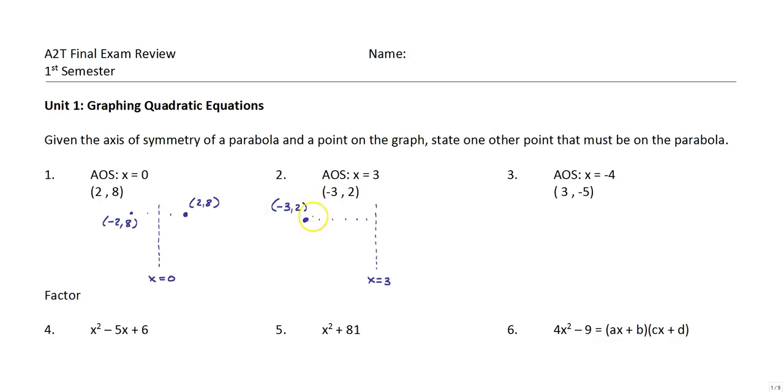That was 6 units to the left of our axis of symmetry. So let's go 6 units to the right. 6 units to the right of 3 would be (9, 2). The height will not change. It's going to be symmetrical.